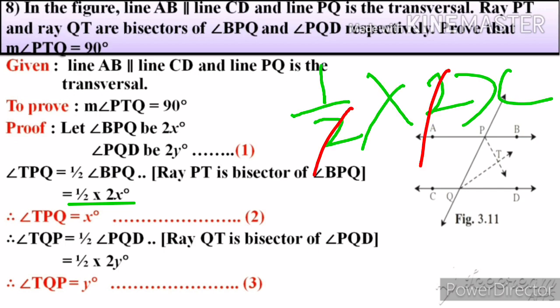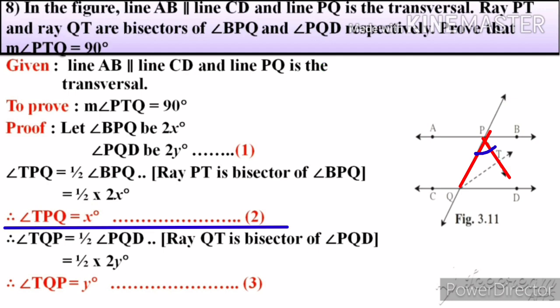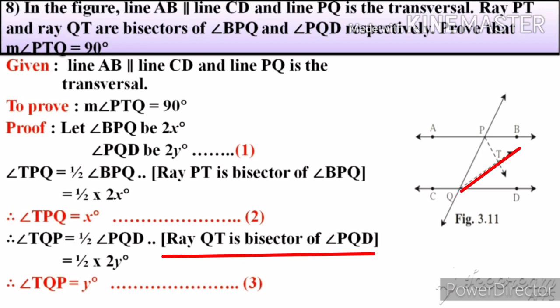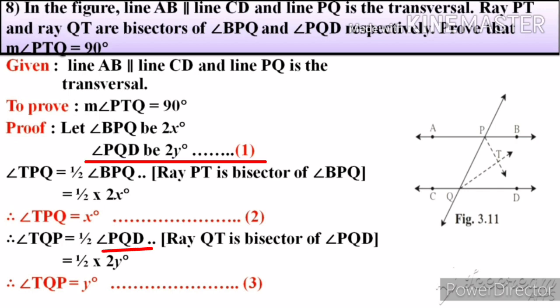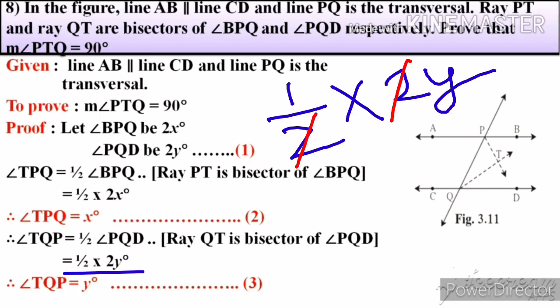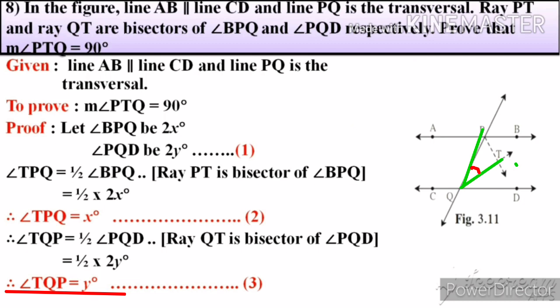Therefore, we get angle TPQ is x degree. Give the equation number 2. Angle TQP equal to half of angle PQD. Here, ray QT is the bisector of angle PQD equal to half into 2y degree. The value of angle PQD we get from first. Therefore, angle TQP is equal to y degree.